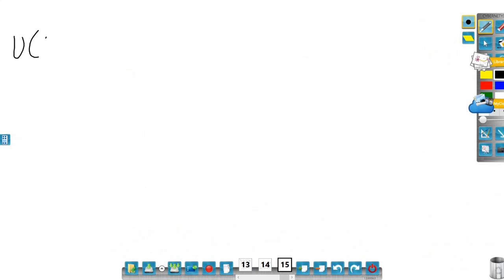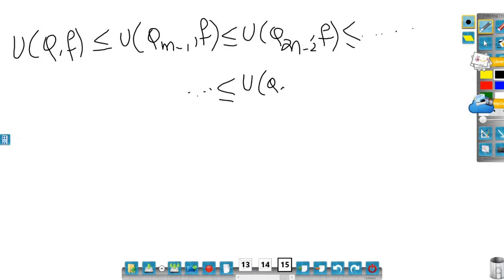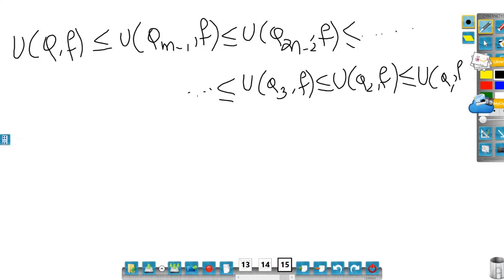I will have U(Q, f) is less than or equal to U(Qm minus 1, f), which is less than or equal to U(Qm minus 2, f), and so on and so forth, less than or equal to U(Q3, f), less than or equal to U(Q2, f), less than or equal to U(Q1, f), less than or equal to U(P, f).